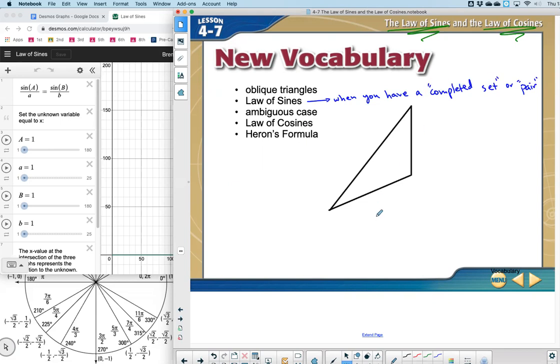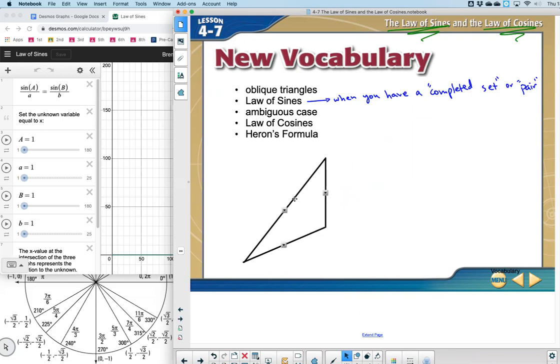That's when you use the law of sines. So for example, the law of sines will work. Let me clone this and do law of cosines here. So like if you had, let's call this angle A, and this would be little a. If you had values here, I'm just making up numbers, you would use law of sines.